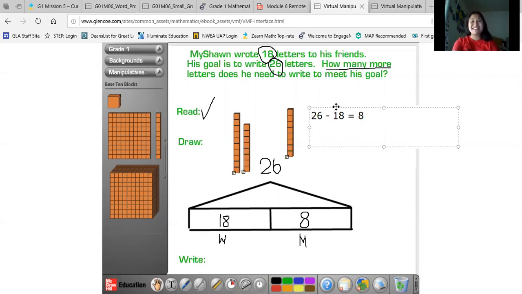Or you can write an addition number sentence and start with the part we knew, then put a blank for the part that we didn't know to find the total of 26, and we knew that that missing part was 8. Nice job.